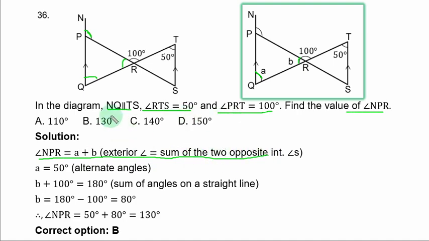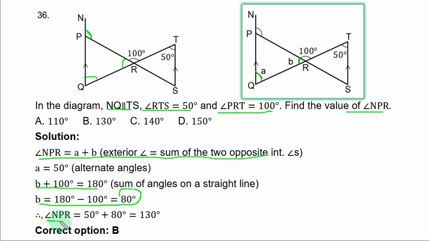Now A is equal to 50. This angle equals 50. You have alternate angles, because this line and this line are parallel. Now B plus 100 degrees is equal to 180, sum of angles on a straight line, and B is equal to 180 degrees minus 100 degrees, and you have 80 degrees.